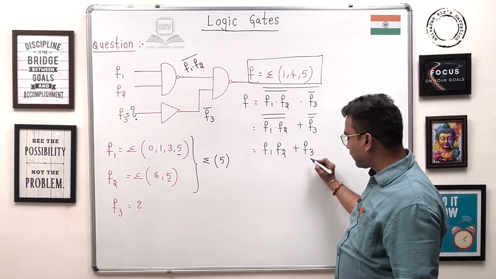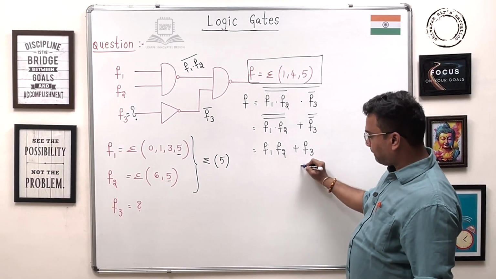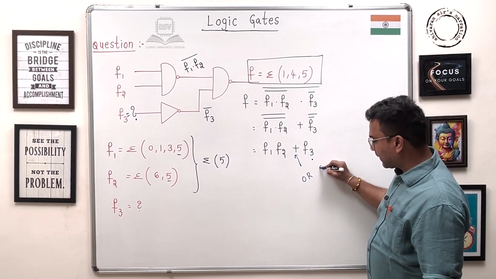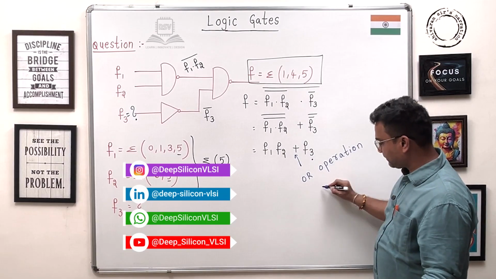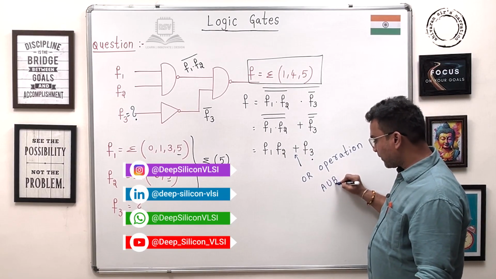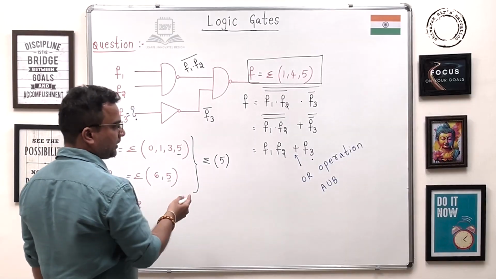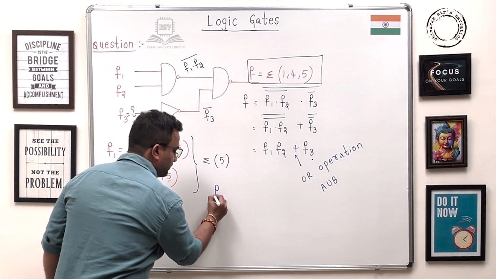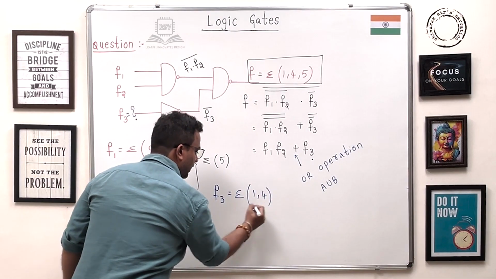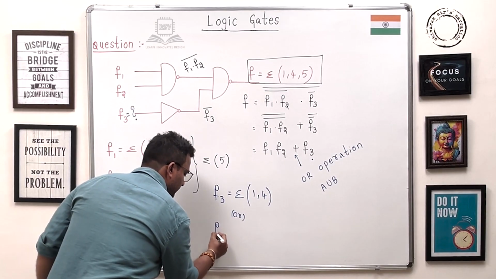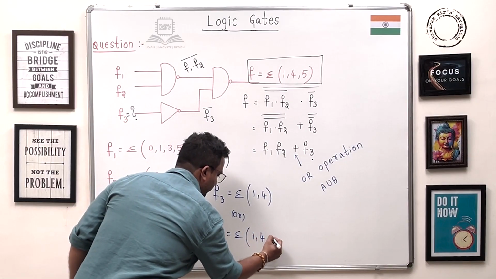Here we need to find this F3 now. Anyway, we have 5. Plus means OR operation. If it is OR operation, we need to consider A union B. So here we need 1, 4, 5. Anyway, 5 is present. Then F3 must be either 1, 4, or it could even be sigma of 1, 4, 5.